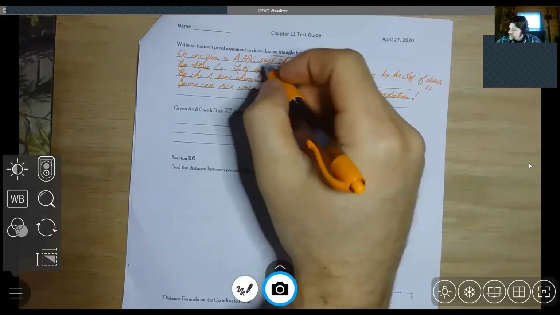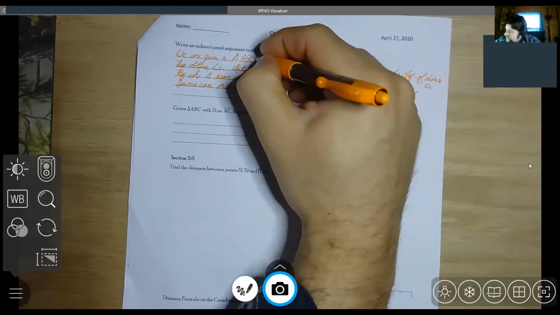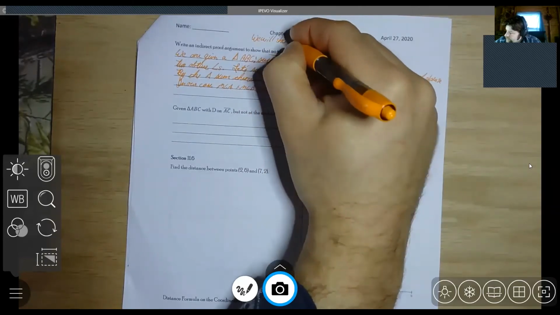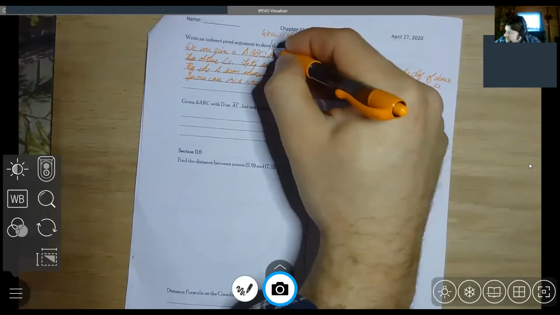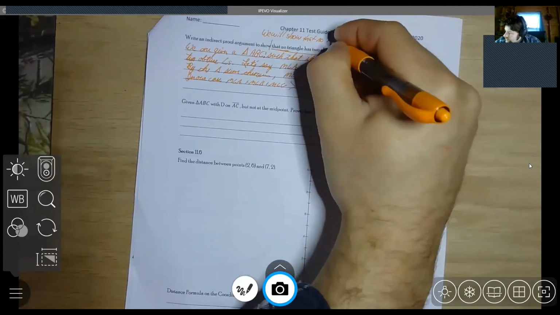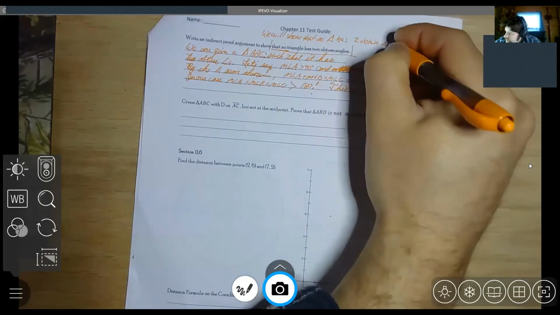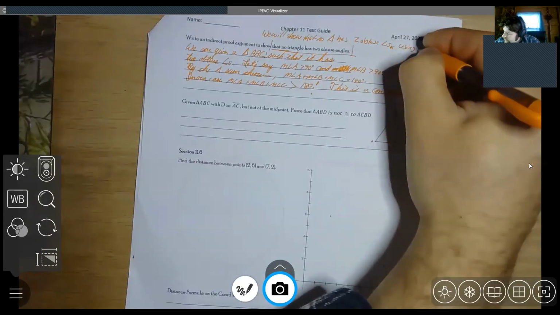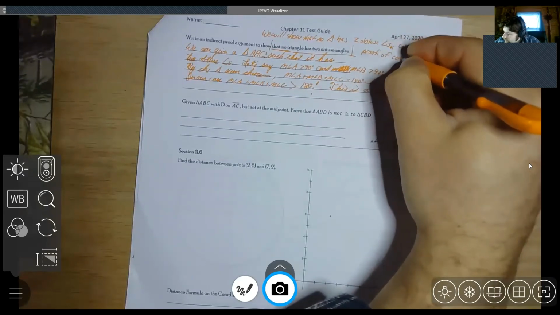We should have said we're given triangle ABC, and then we should have said we will show that no triangle has two obtuse angles, using a proof of contradiction.